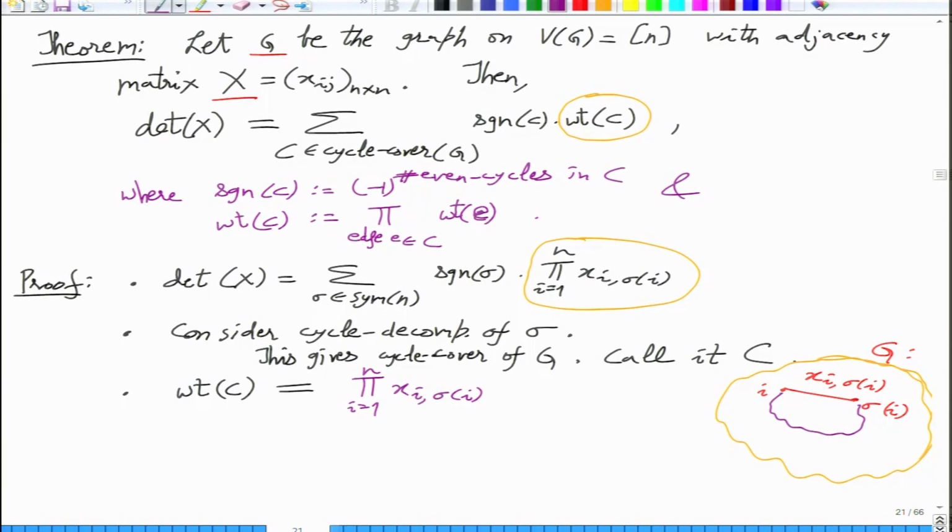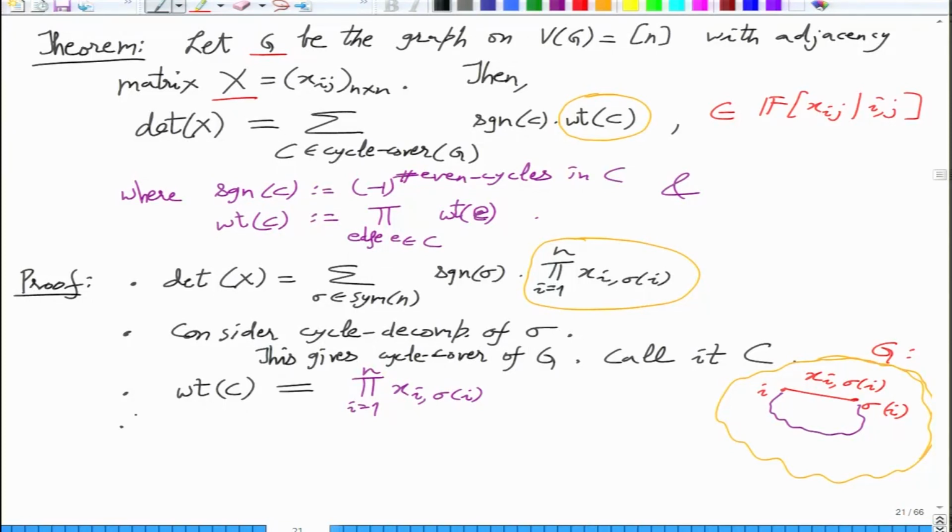Yes, so maybe it's important to state here that this determinant is the usual determinant. So it is in this polynomial ring. This polynomial ring is by definition commutative, so you will get this property immediately.